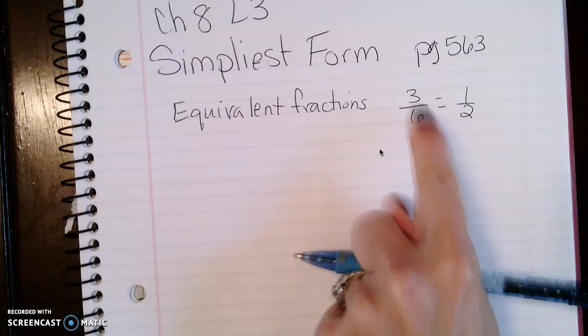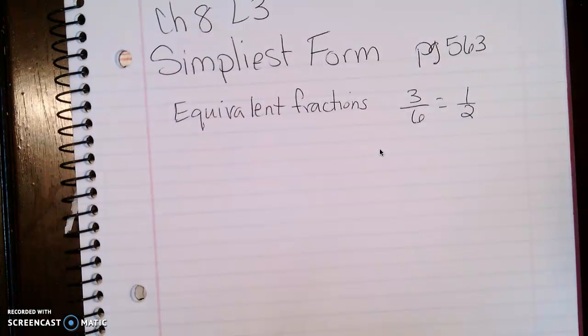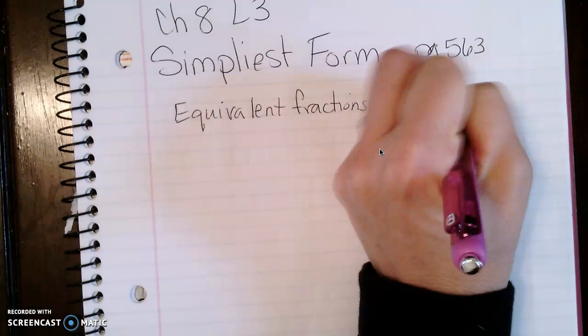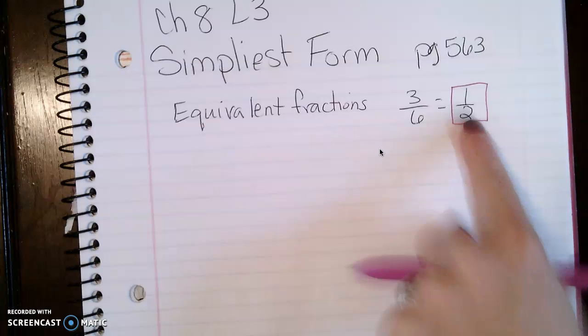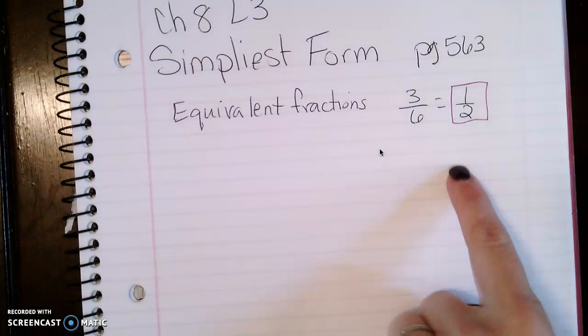Now when we have 3/6 is equal to 1/2, 1/2 is your simplified fraction. So this would be the fraction in simplest form, because 1 and 2, 1/2 is the lowest numbers that we can make that are equal to 3/6.